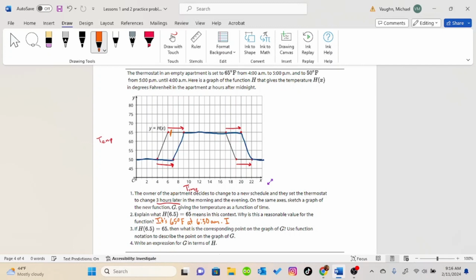So it's reasonable because it matches the description and graph.